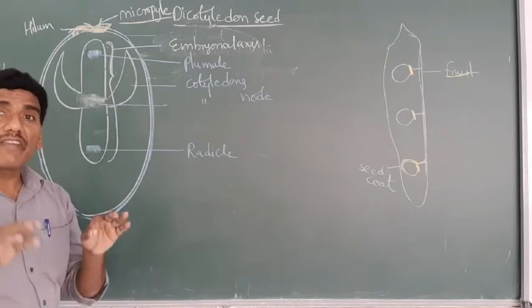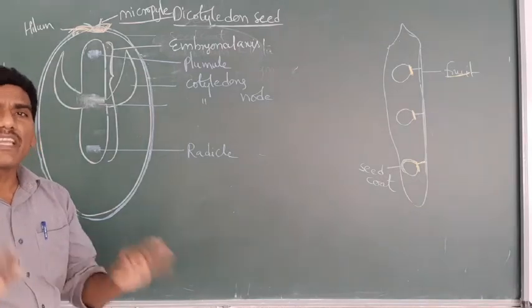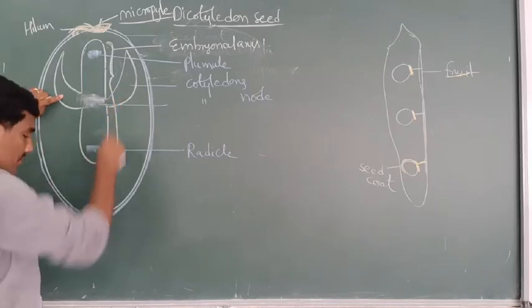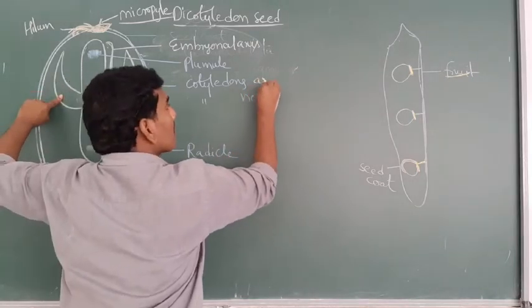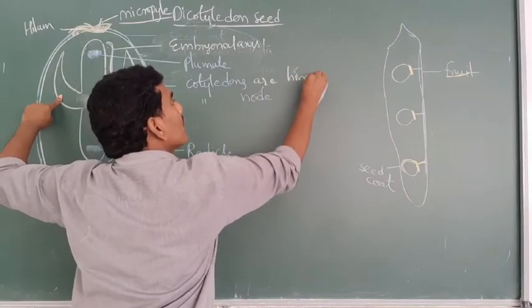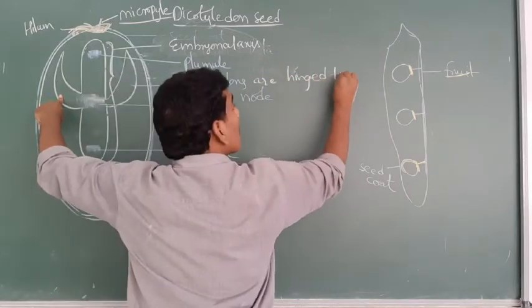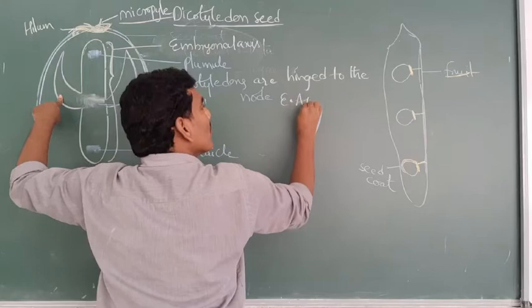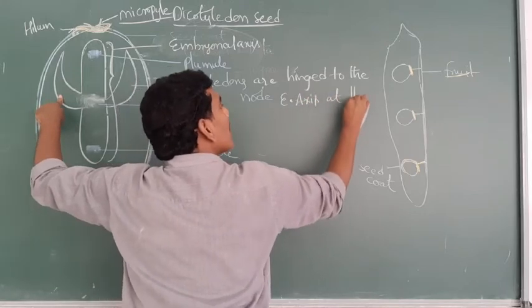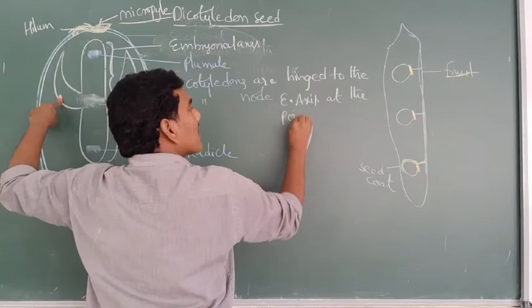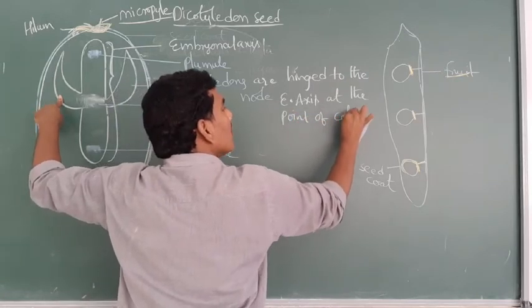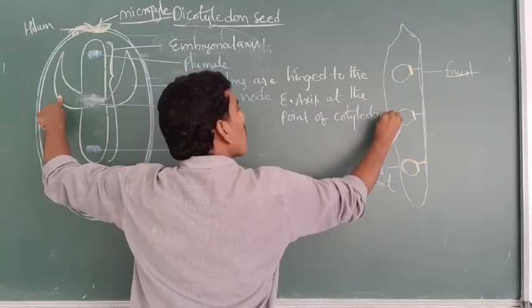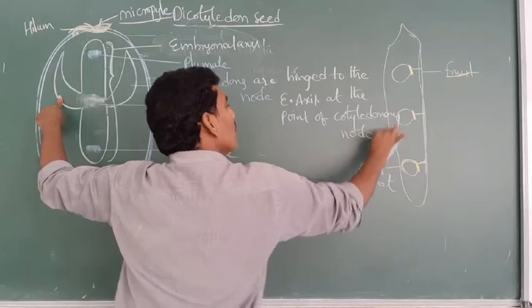The cotyledons are hinged to the embryonal axis at the point of the cotyledonary node.